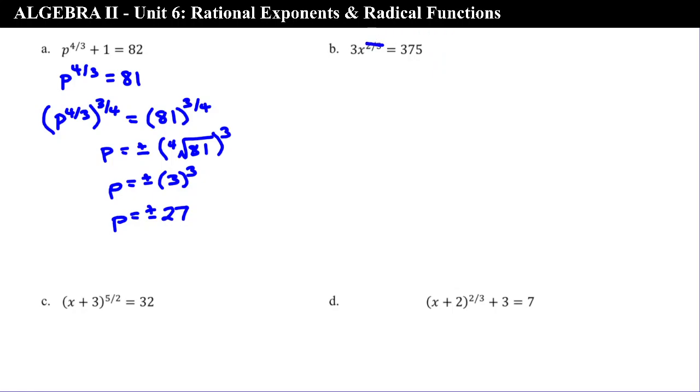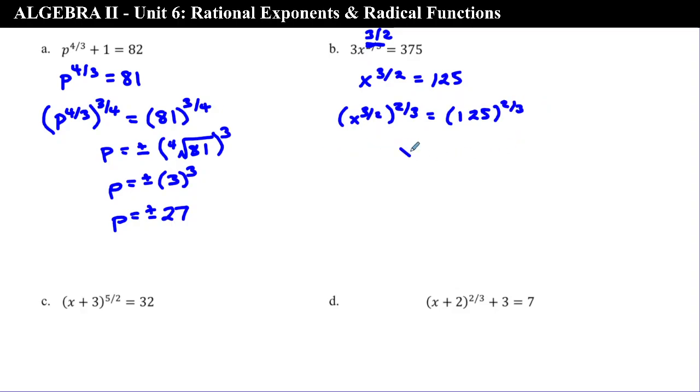So instead of 2/3, we're going to make this x to the 3/2. So again, we're going to divide each side by 3, so that part doesn't change. We still get 125. But now we are going to have x to the 3/2 taken to the 2/3 power. Same thing for this side.